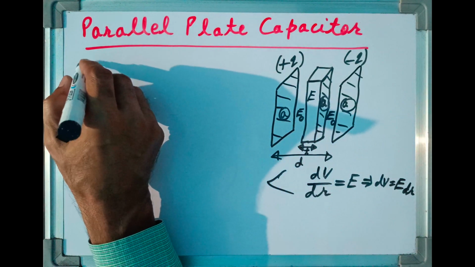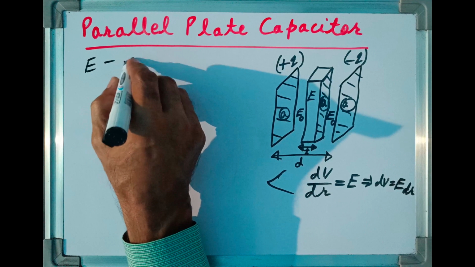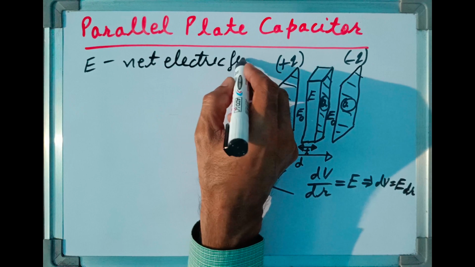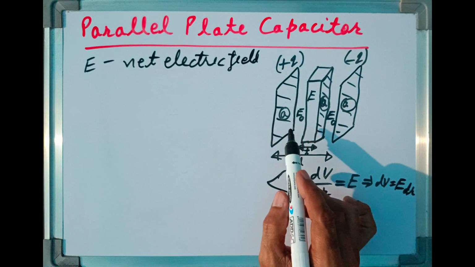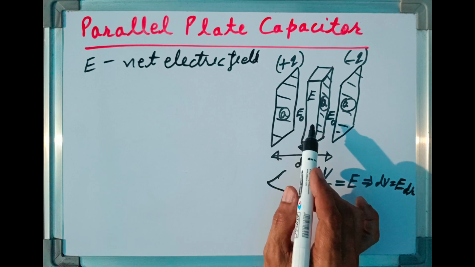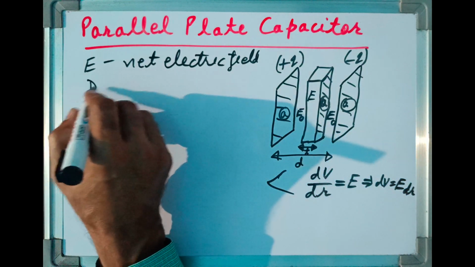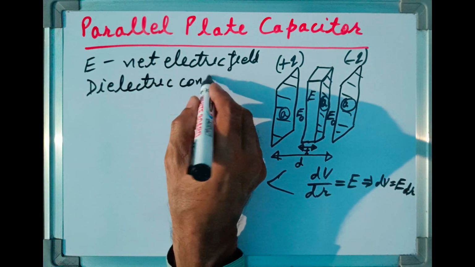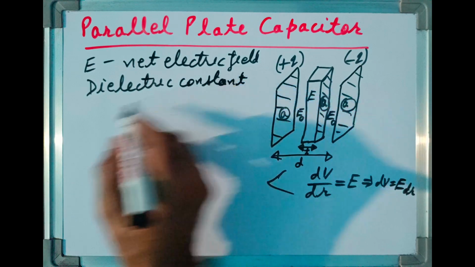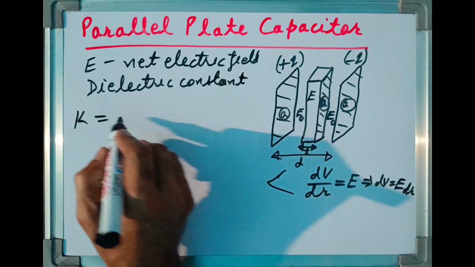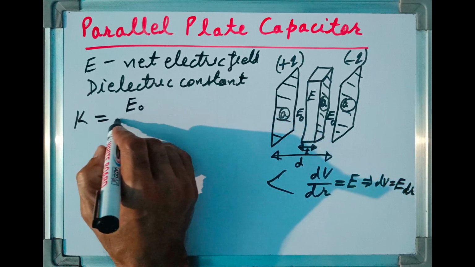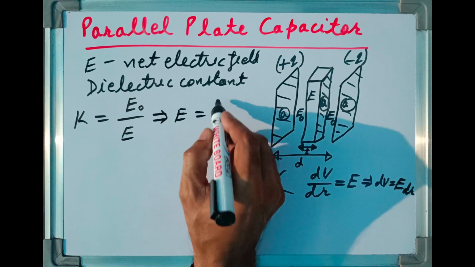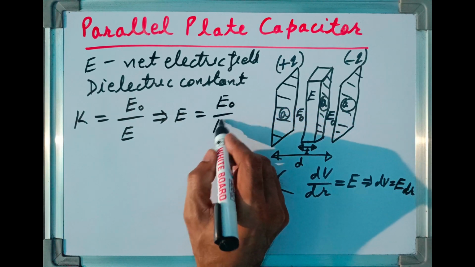If E is net electric field inside the slab and E naught is externally applied electric field on the slab, then dielectric constant of the material is defined as K is equal to E naught divided by E. So this will give us value of E as equal to E naught divided by K.